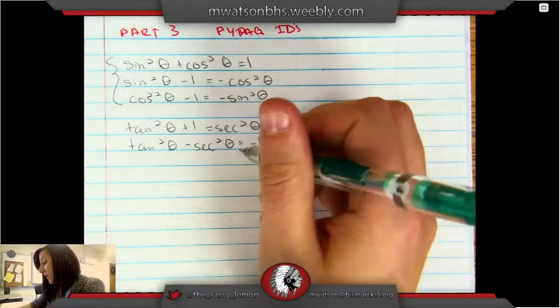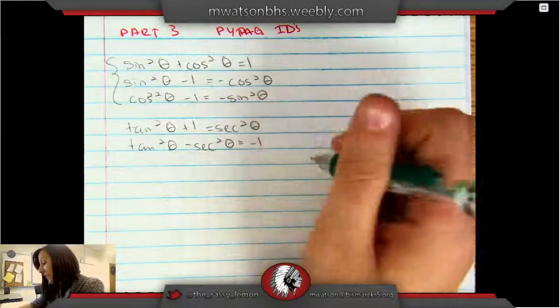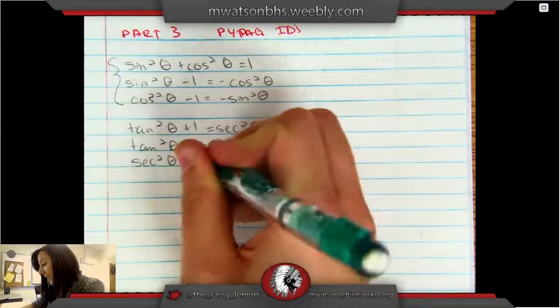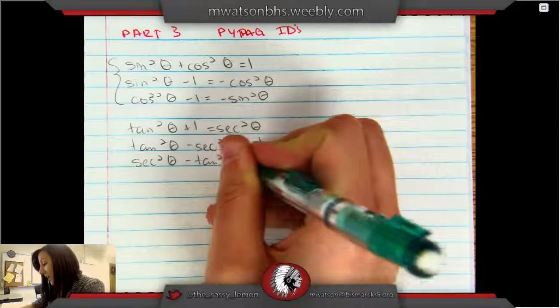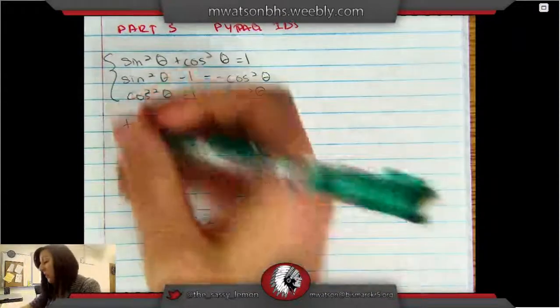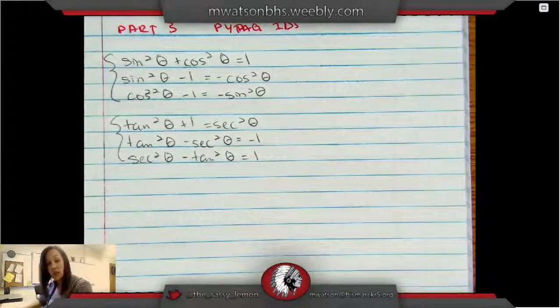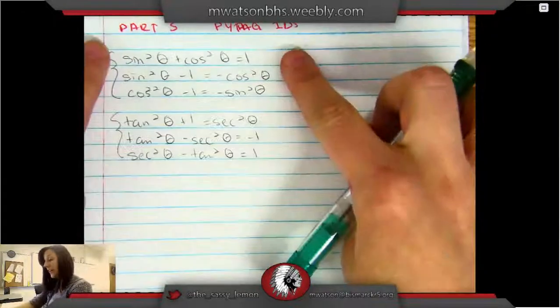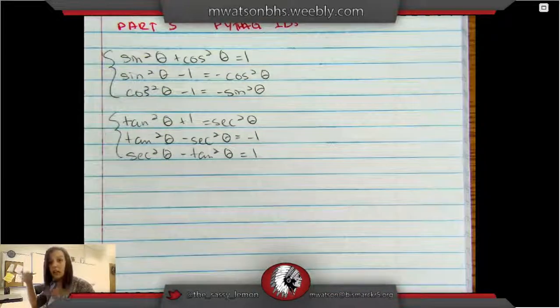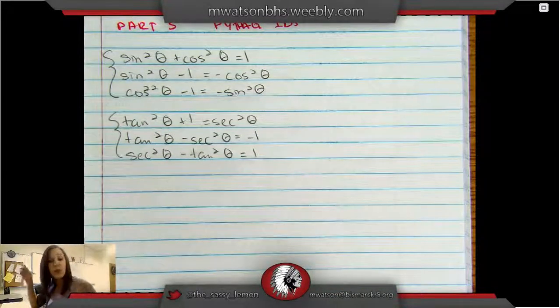We can also subtract tangent over and have secant squared theta minus tangent squared theta equals positive 1. So hopefully you guys are understanding that all I'm doing is manipulating the original identity to become these other equations, which an equation that is always true is an identity.